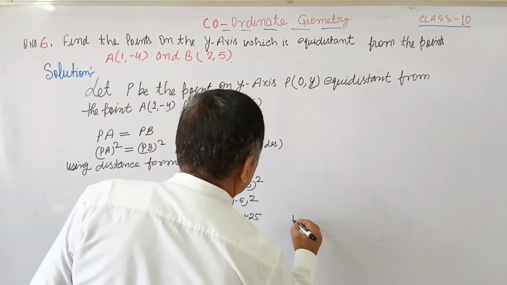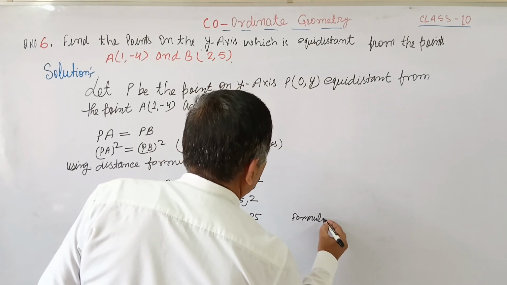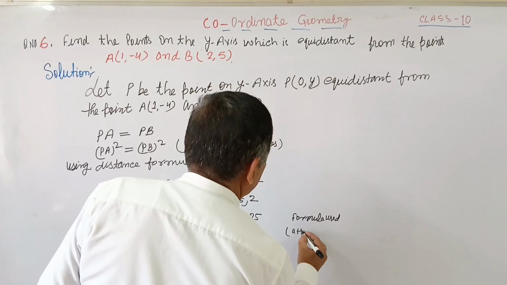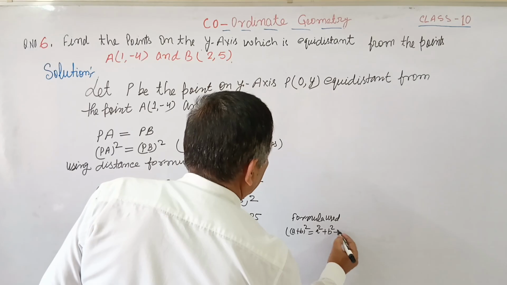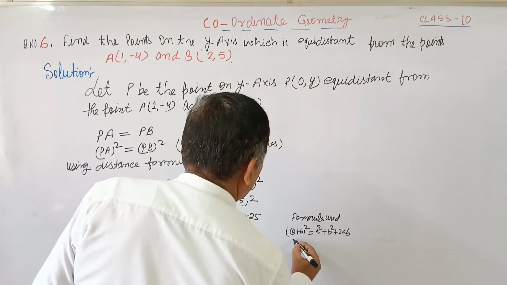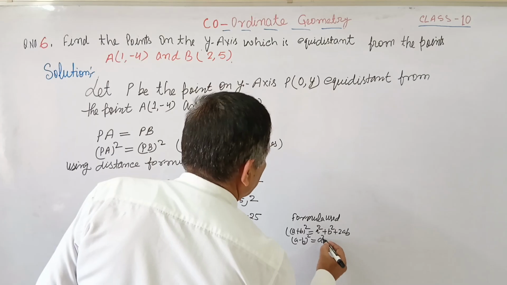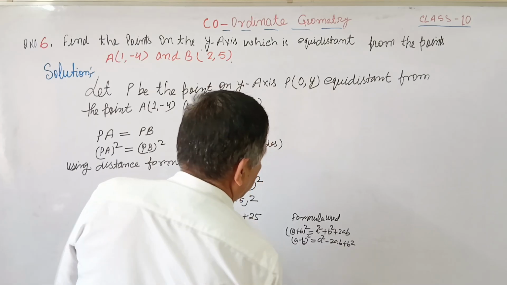Now formula used is a plus b whole square equals to a square plus b square plus 2ab. A minus b whole square equals to a square minus 2ab plus b square.